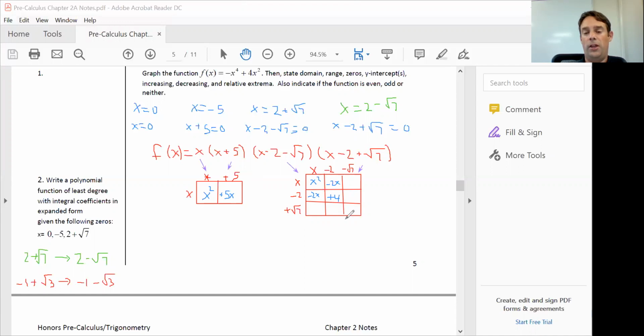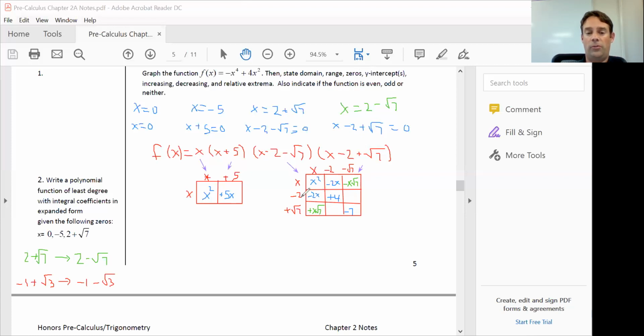Root 7 times a negative root 7. Well, when you square a radical, the radical goes away. And I'm going to do these in another color because I want you to see something. X times root 7, well, that would be a negative x root 7. Positive x times positive root 7, notice, these ones are opposite each other. That's why we multiply the radical by the conjugates, because it makes the other one go away.